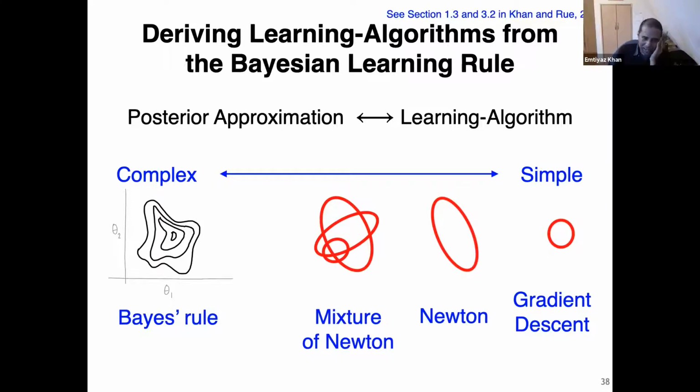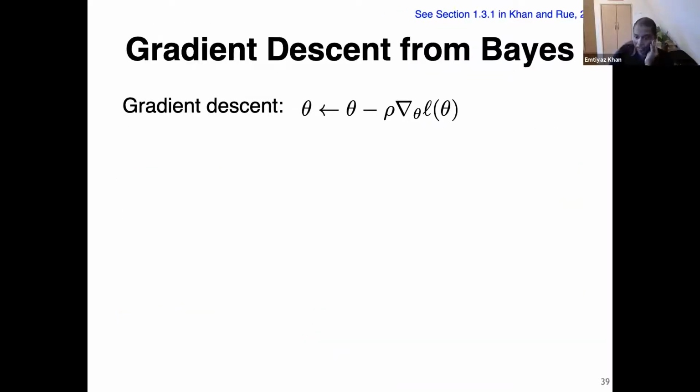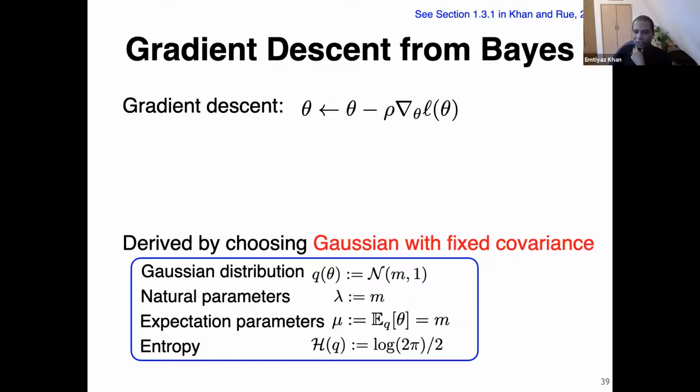So to understand this, now we have some conceptual understanding. Let's do some math. So I'm just going to very quickly go through this example of gradient descent. So how do we recover gradient descent from the Bayesian learning rule? Well, let's choose the Gaussian with a fixed covariance.